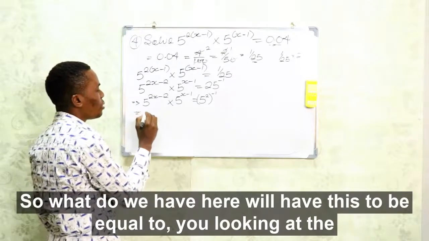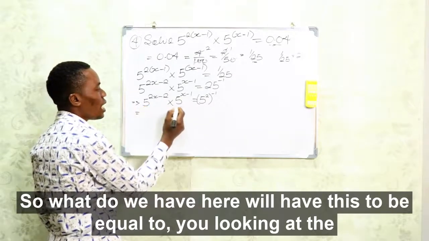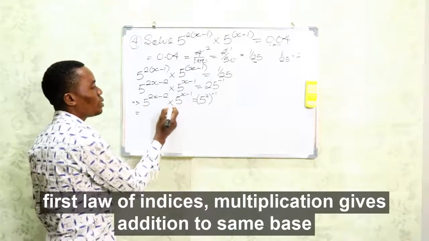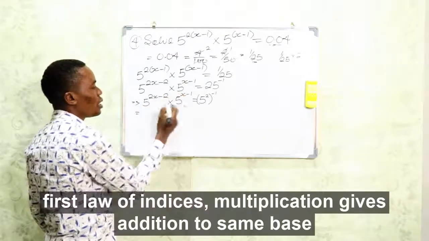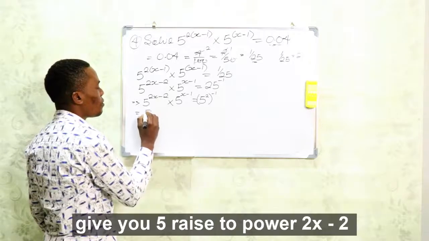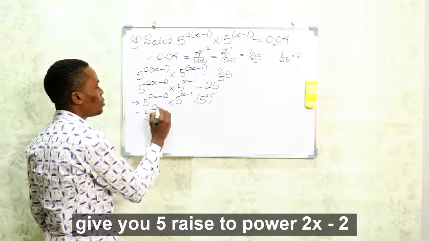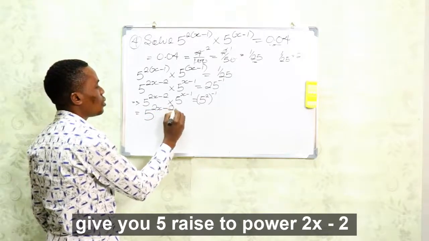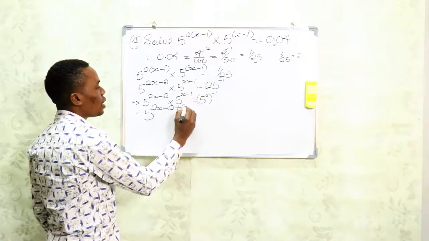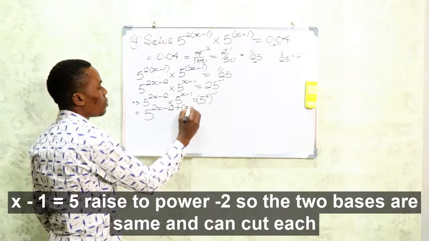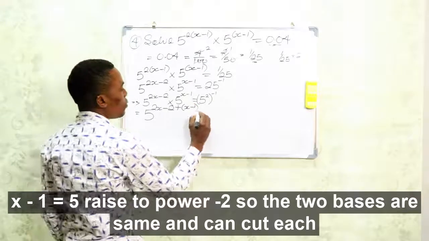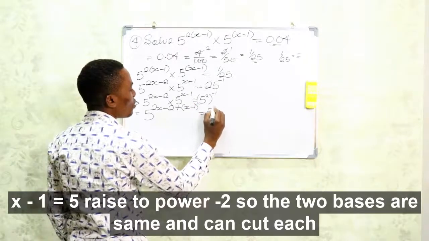So what do we have here? Looking at the first law of indices, multiplication gives addition for the same base. That will give you 5 raised to the power 2x minus 2 plus x minus 1. That will be equal to 5 raised to the power what?